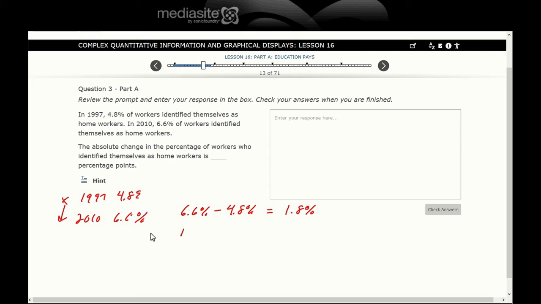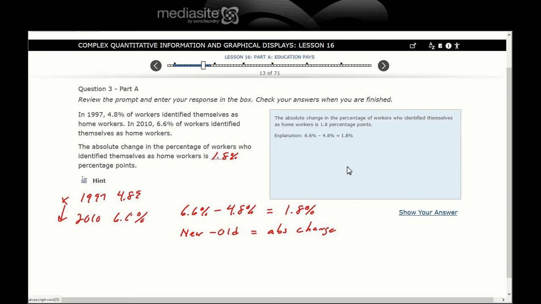It's the new minus the old equals percent absolute change. So 1.8%.